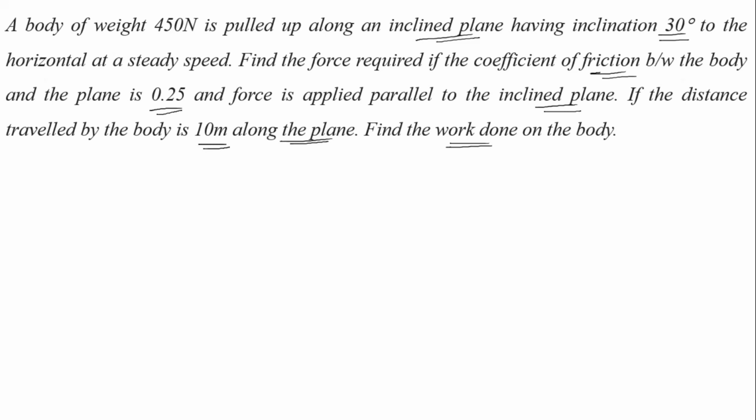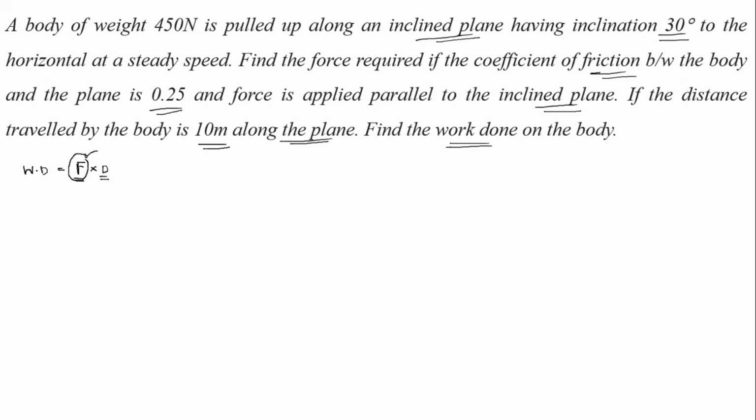What is the formula for work done? Work done is equal to force into distance. We need to calculate the force because the distance is given. Now we are going to draw the free body diagram, right.